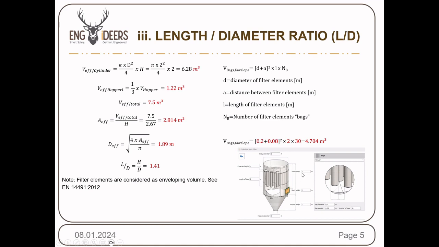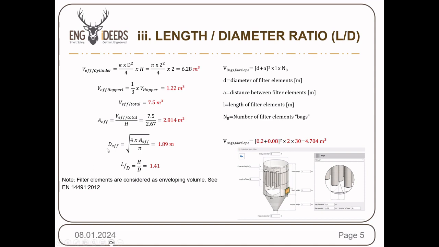If you take the vent to top dimension of 2 meter plus 2 meter, that is in total 4 meter. But as I said, the conical part is considered a bit different. So it's 1/3 times 2 meter plus 2 meter, which is in the end in total only 2.67 meter. And the effective area is then 2.8 square meter for the calculation.